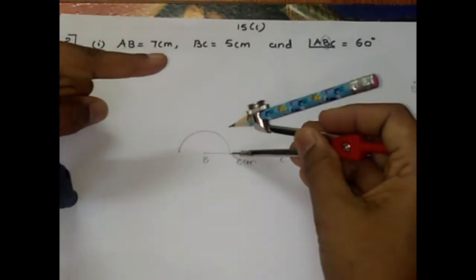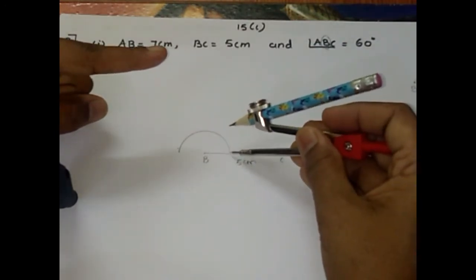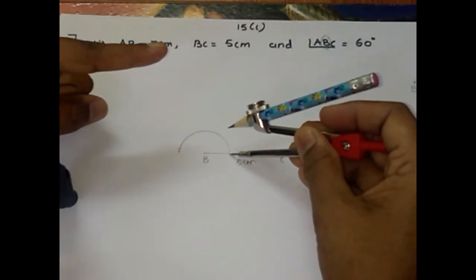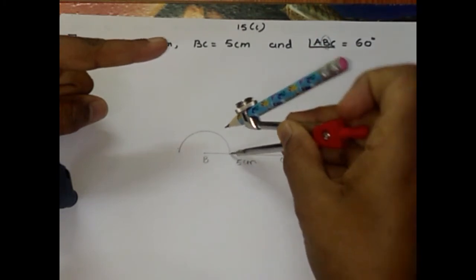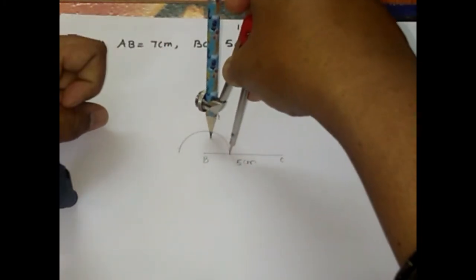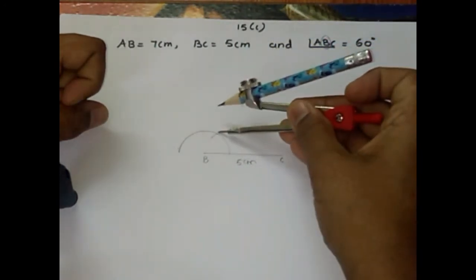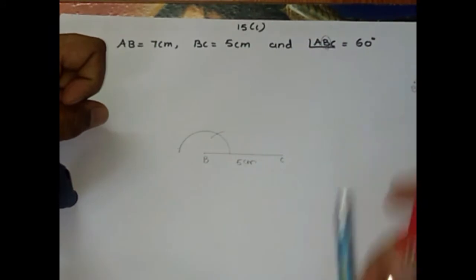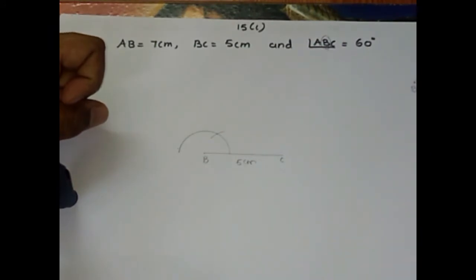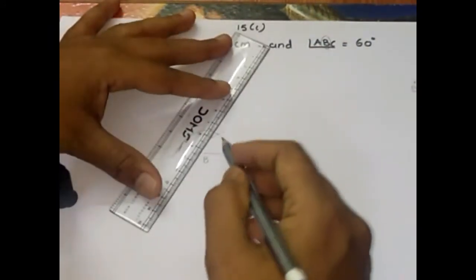Now at the point where the arc touches the baseline, without changing the measurement of the compass, draw the second arc. The point where the two arcs intersect gives the angle which is equal to 60 degrees.